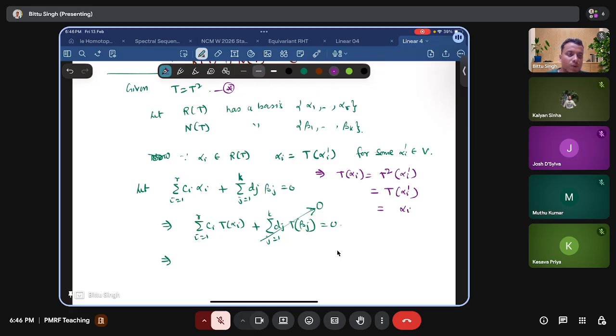It already belongs to the image, so if we again apply T, we will get the same thing. So we get that the combination of ci alpha i is 0. But those alpha i's form a basis, therefore they are linearly independent. This will imply ci equal to 0 for i equal to 1 up to r.